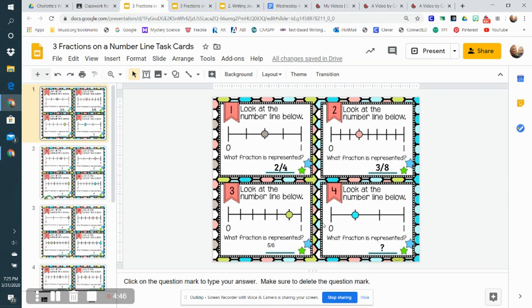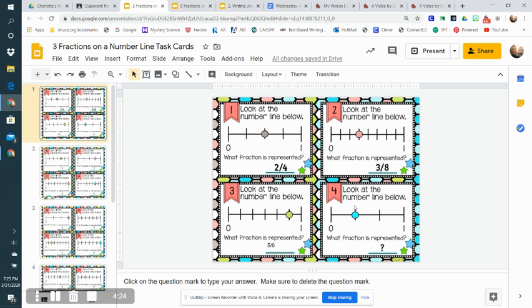Hopefully you said you need to look at your beginning point and you need to look at your end point. And what are they? They are 0 and 1. Very good. All right. Second step is to count up how many times this has been divided. What is it divided into?